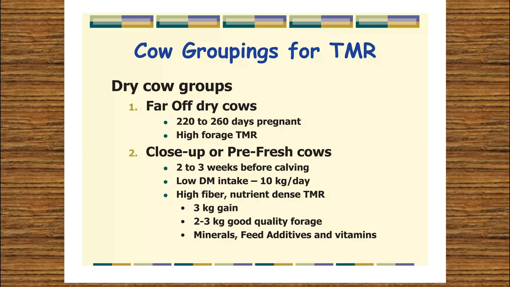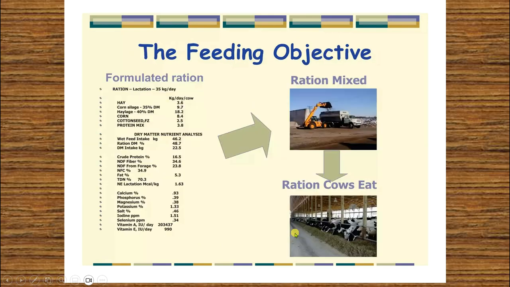Sometimes these have low dry matter intake, 10 kg per day, which contains 3 kg grain, then 2 to 3 kg good quality forage, and apart from this, minerals, feed additives and vitamins.